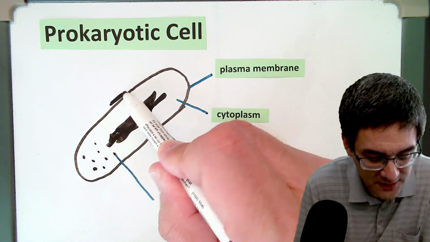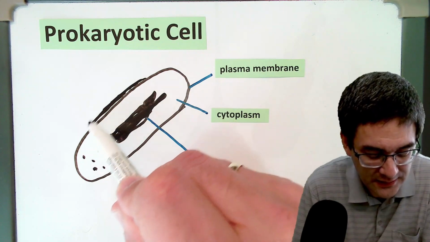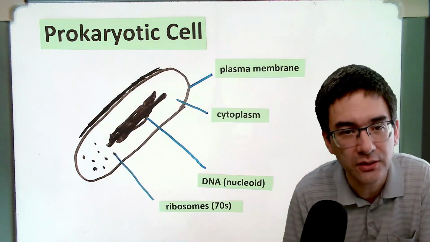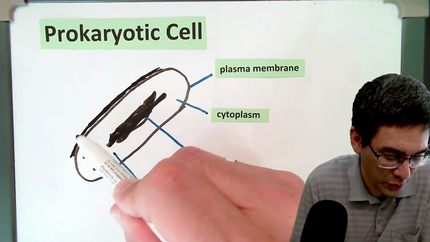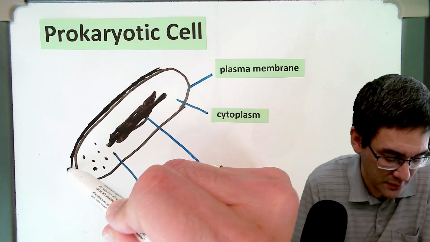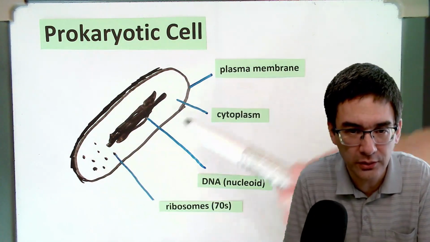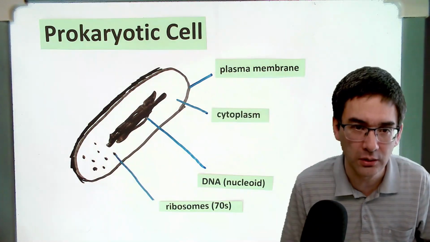But at the same time, if I fill it in like this, you don't really see that there is also a plasma membrane. So I'm probably not going to draw it all the way around, but you get the idea. It has to be all the way around, but if I go all the way around, it's going to be a little bit messy. And this here is the cell wall.